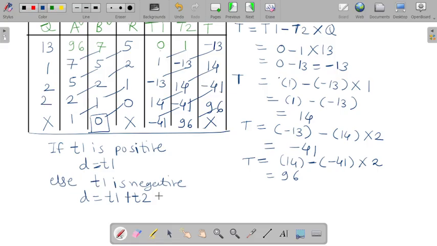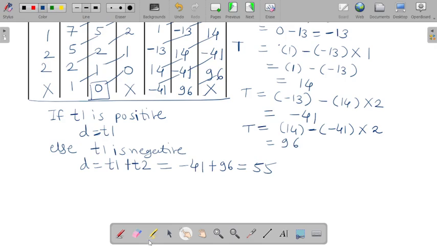So in this case, T1 is equal to minus 41 plus 96, and we get the value 55. So the value of our private key that we got is D is equal to 55.